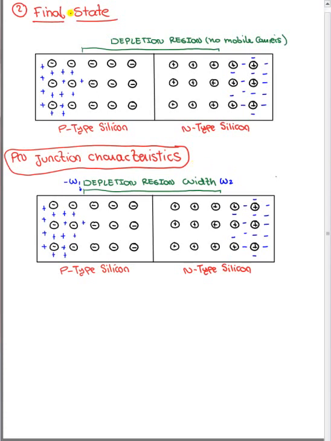Something to note here is that the depletion of carriers in the depletion region leaves a region of uncovered fixed charges, these ones right here. And so now we have a net fixed charge in each side of the junction. An electric field does develop, pointing from the positive side onto the negative side across the junction, which is a very important concept. So let's write that down.